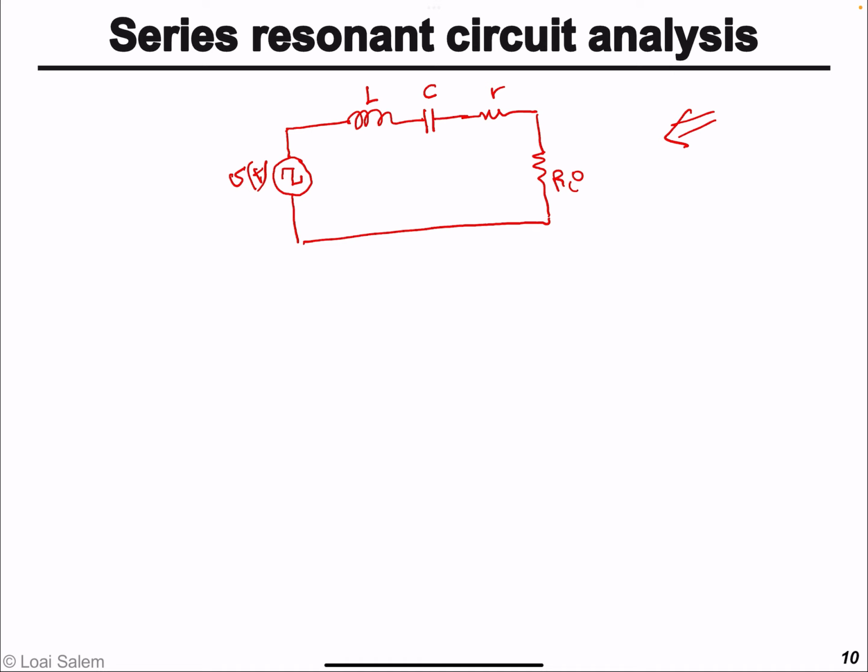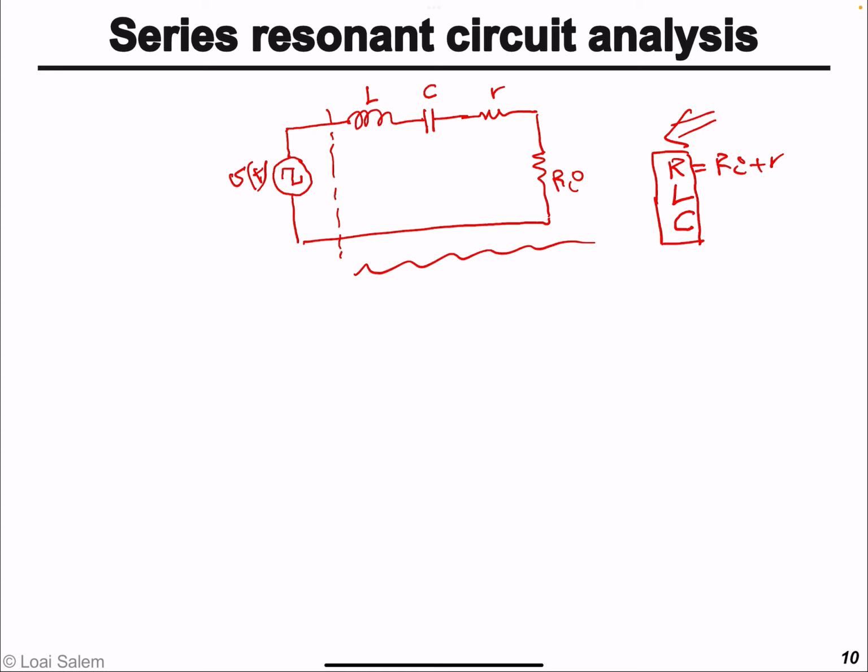And for an RLC circuit, we know that there are three parameters. We have the resistance R, which we said is Ri plus R small, the inductance L, as well as the capacitance C. Now, these three parameters are sufficient to fully define the RLC circuit.